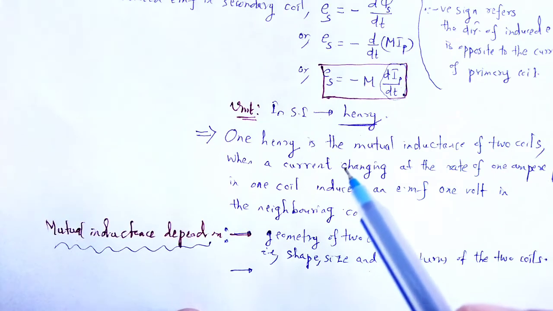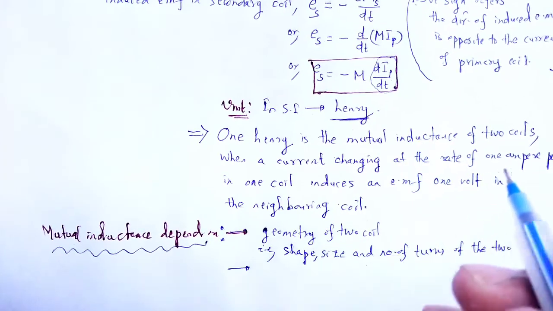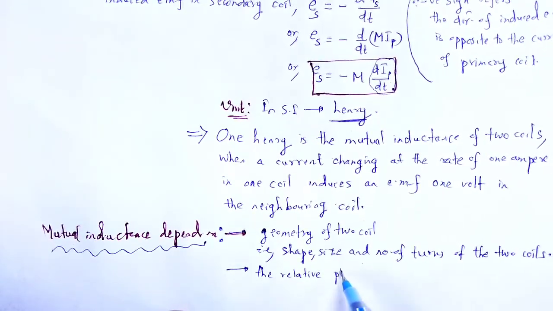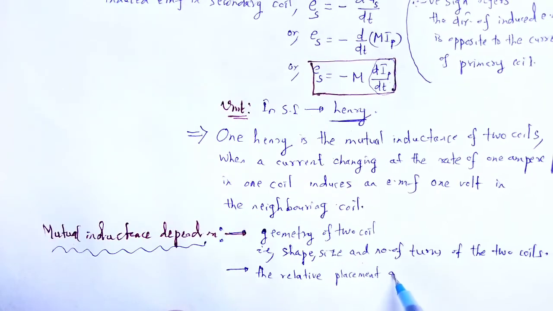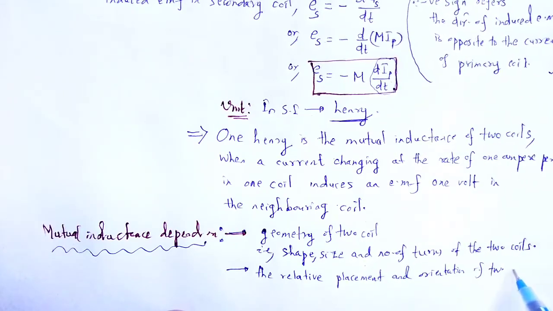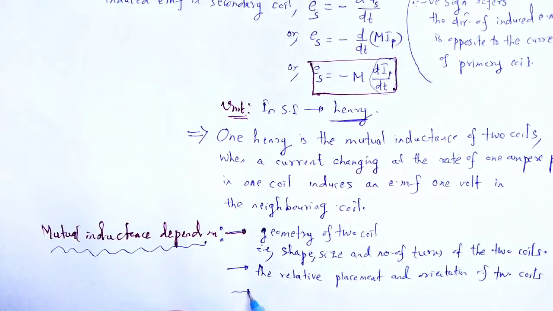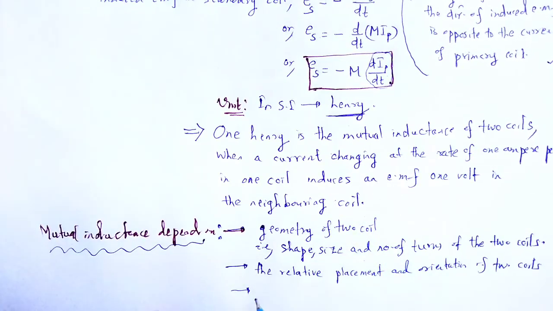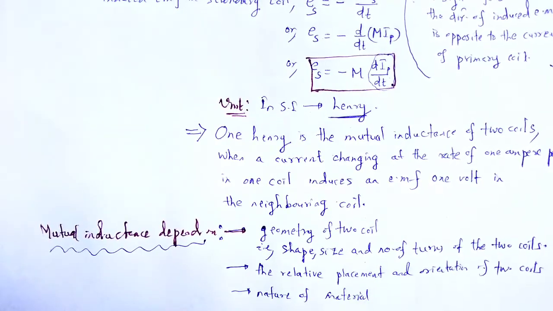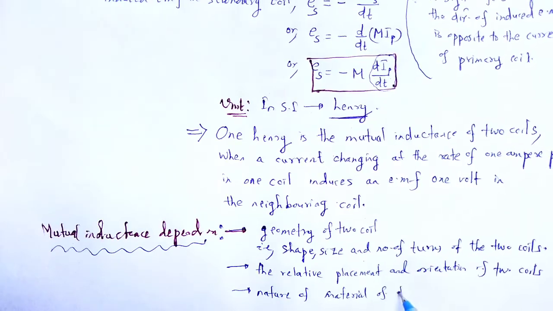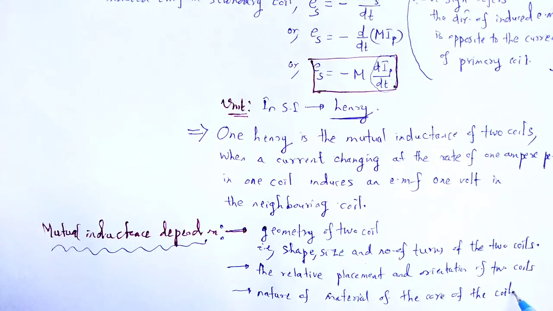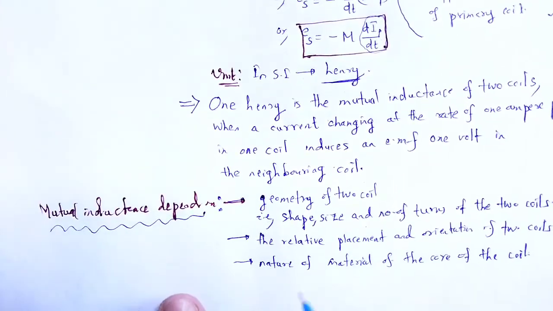And the relative placement and orientation of the two coils. Next point, the nature of material of the core of the coil, on which they are wound.